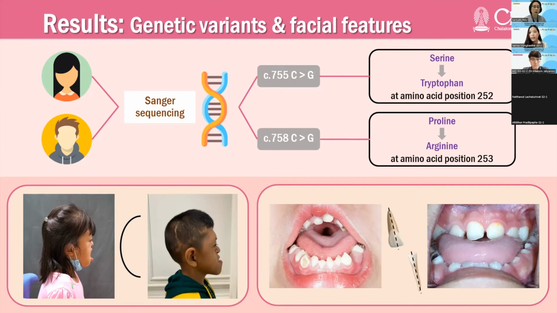I see. So the missense mutation from choline to arginine has quite an impact on their characteristics, right? Yes. Is that the same characteristic in other studies with a different mutation?